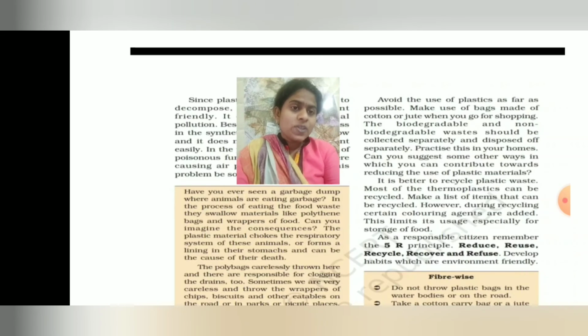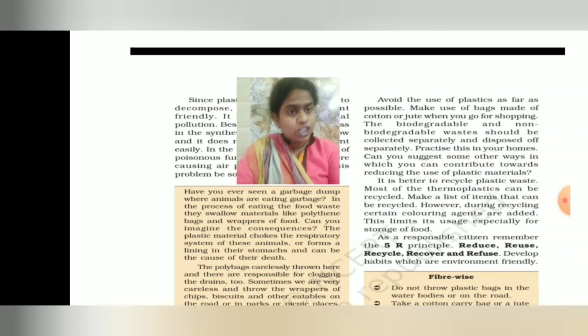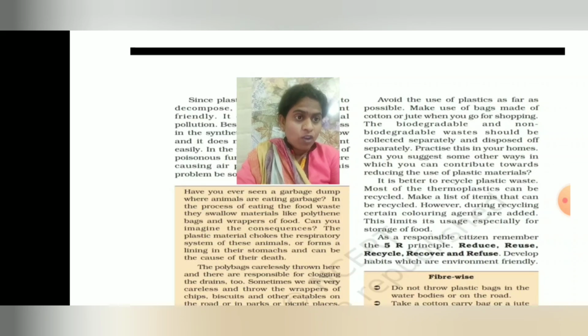When the garbage collecting vans come, you can observe the vegetable waste, that is organic waste, and inorganic waste, with different boxes in different colors. By separating these, we can separate the biodegradable and non-biodegradable substances. It is one of the best ways to clean and protect the environment.